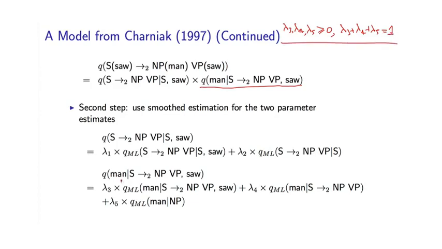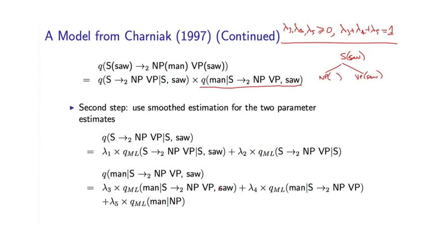And now let's look at these different maximum likelihood estimates. So the first one is basically, if we think about this schematically, if I have S SOR, I have NP VP SOR.